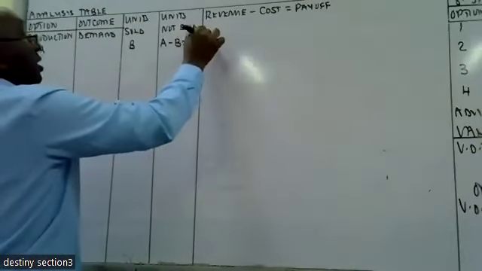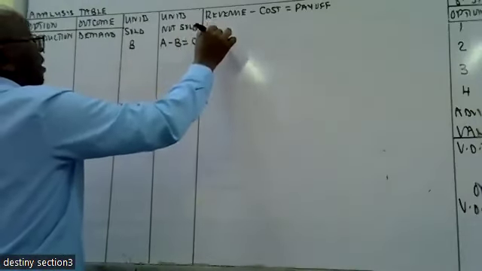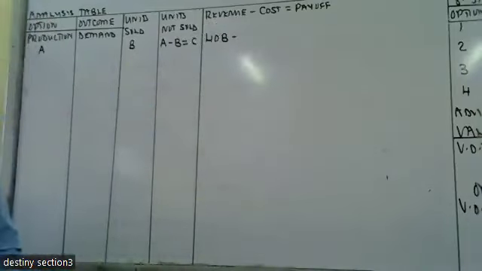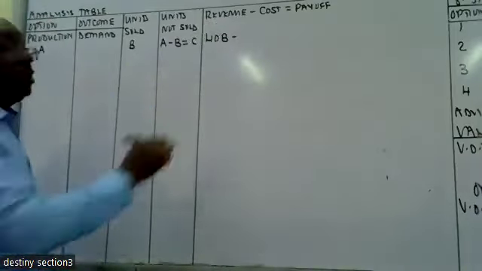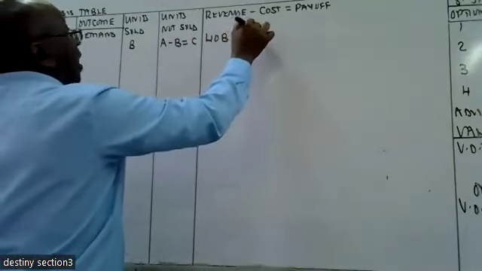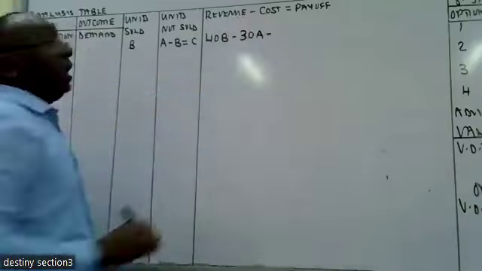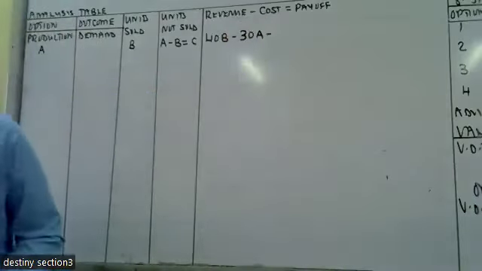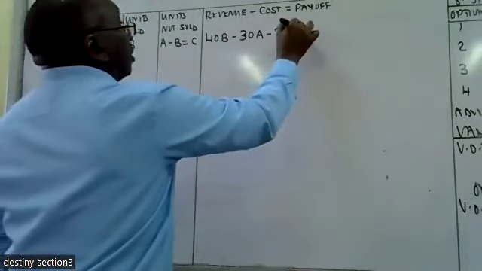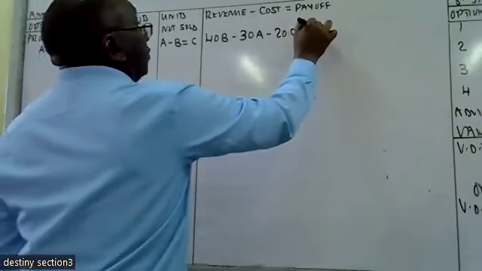So it will be 40 B minus the production costs. 1 loaf kinauzwa, we make it at 30, so 30 A. And any loaf that is not sold, they lose 20. So 20 C. That is our payoff.